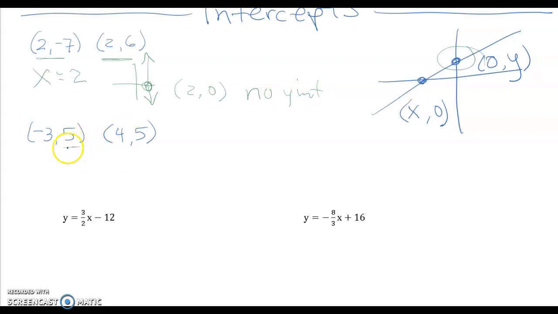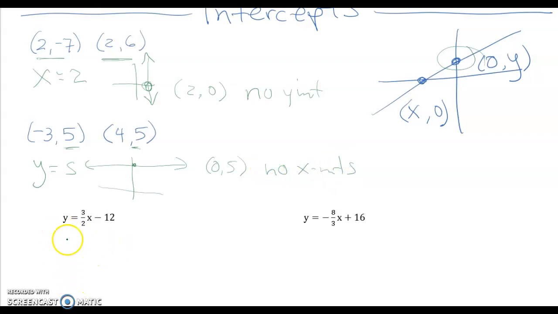Let's try the next one. Oh, look, can't fool me. y is always the same. That means it's a horizontal line, so our y-intercept has to be 0, 5, because the y is always 5. And we're parallel to the x-axis, so there's no x-intercept.